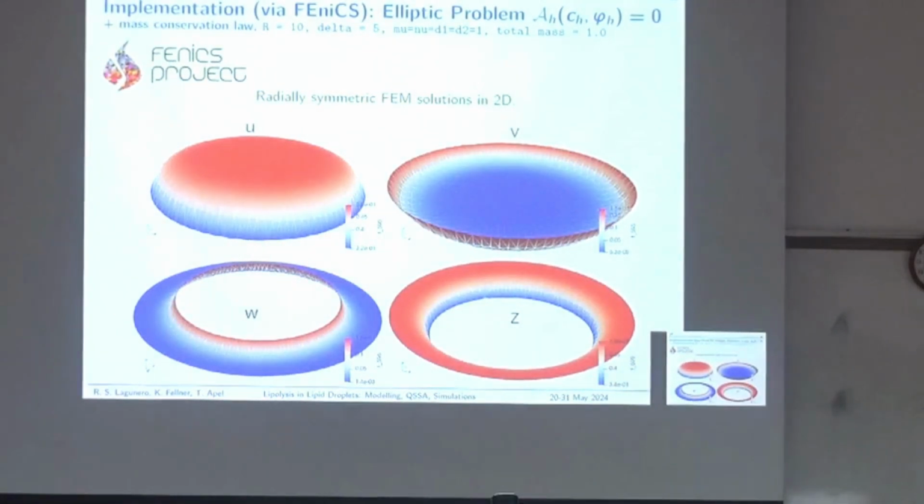And of course, we performed a lot of numerical simulations for this. So in this slide, I am showing the finite element solution for the elliptic problem. So you are basically solving this variational equation AX equals 0 plus some conservation law.